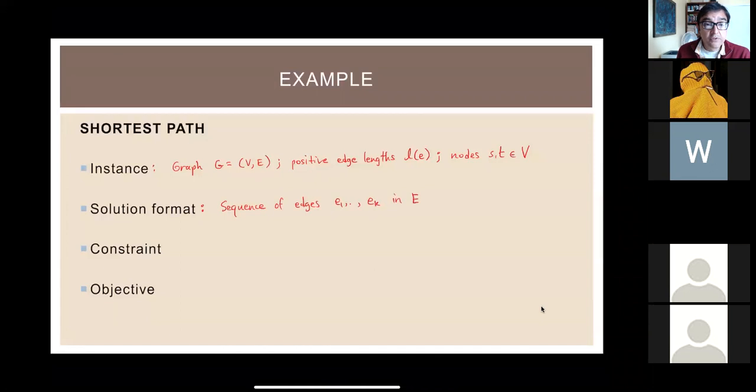Well, the only constraint really is that these edges should take us from S to T. And what is the thing we're trying to optimize? In this case, we want the path to be as short as possible, so we want to minimize the sum of these lengths.